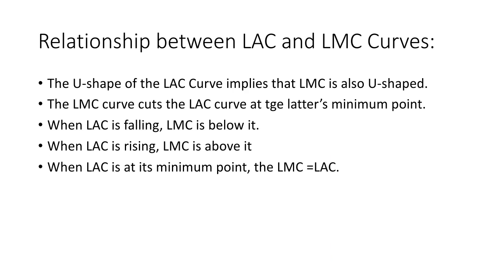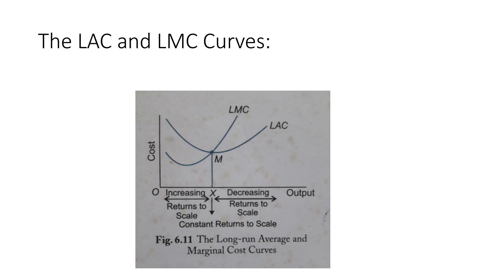The U shape of the long run average cost curve implies that long run marginal cost is also U-shaped. The long run marginal cost curve cuts the long run average cost curve at the latter's minimum point. So here the LMC cuts LAC at its minimum point.